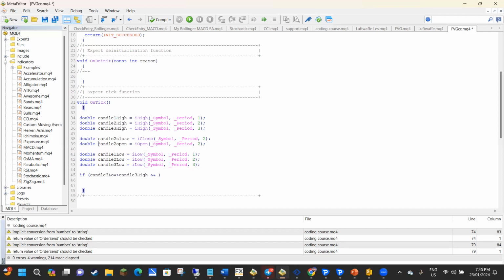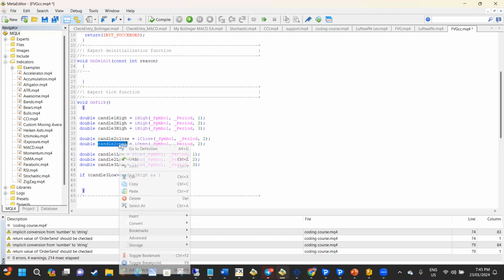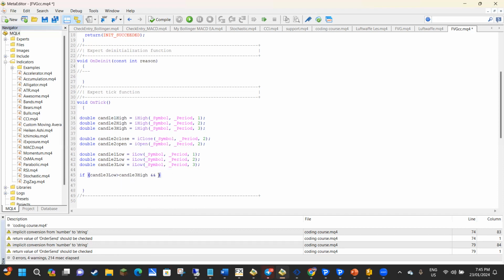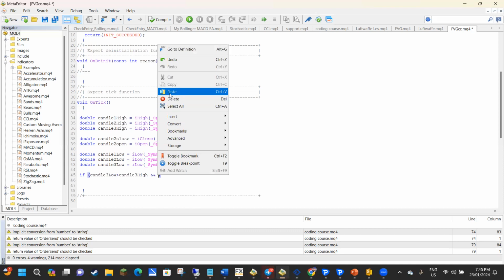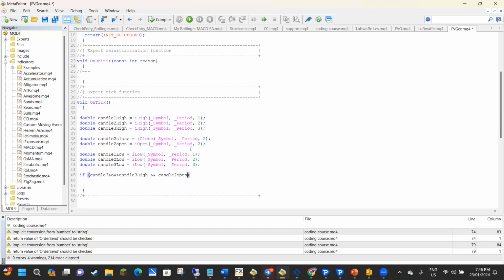So we need the open price of that second candle to be higher than the close price for it to be a bearish candle. So we need it to be greater than the close price.